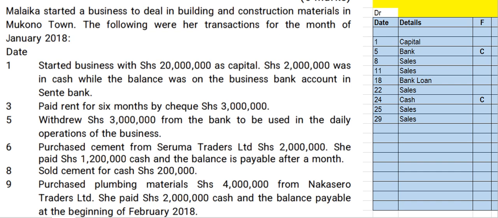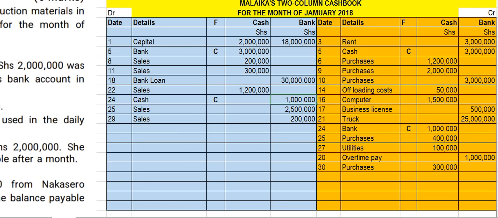There should be a date column, a column for details, a column for folio, a column for cash, and the bank column, because this is the two-column cash book. So I have to show the column for cash as well as the column for bank on either side of the cash book. In the credit, we still have date, details, folio, cash, and then bank.